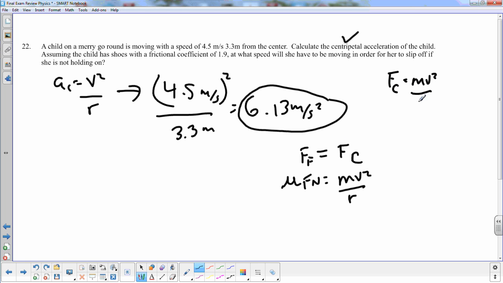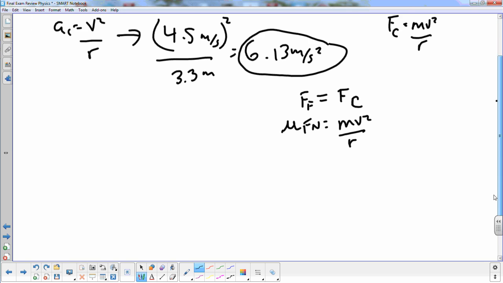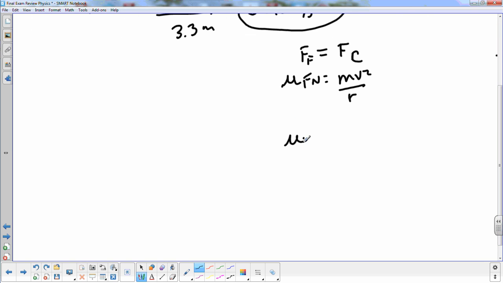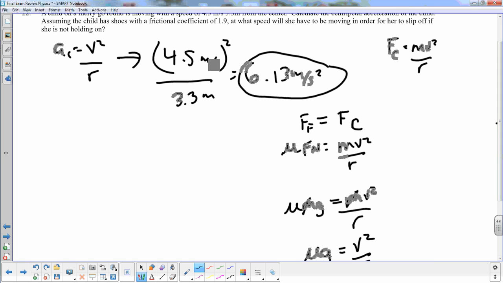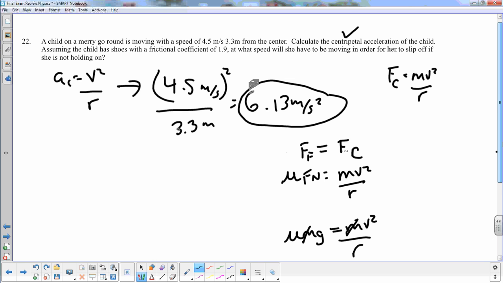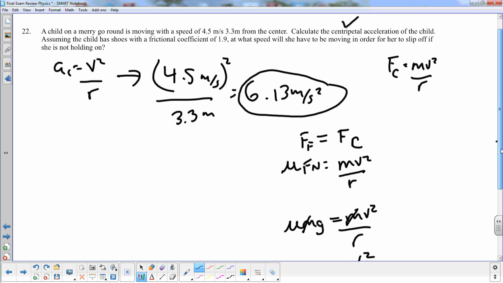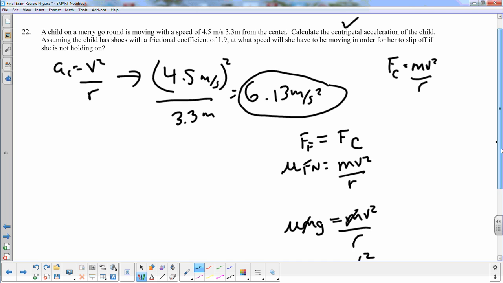Now, the merry-go-round and the friction and gravity are all given. So we're just solving for the velocity. The radius is 3.3 meters. The speed is irrelevant because we are going to solve for that. And mu is 1.9. So mu 1.9 times 10 for g equals v squared over, what was my radius? 3.3 meters. So 19 equals v squared over 3.3.